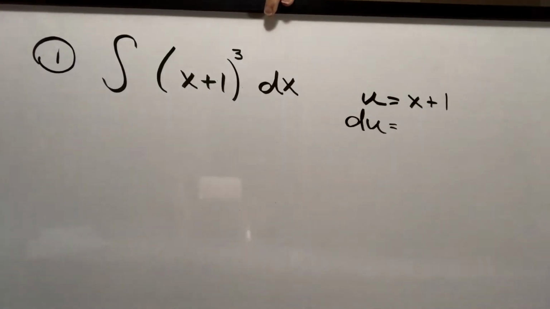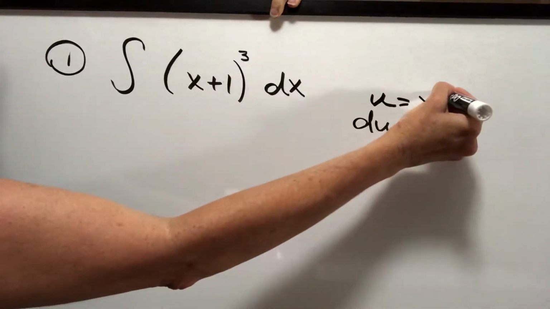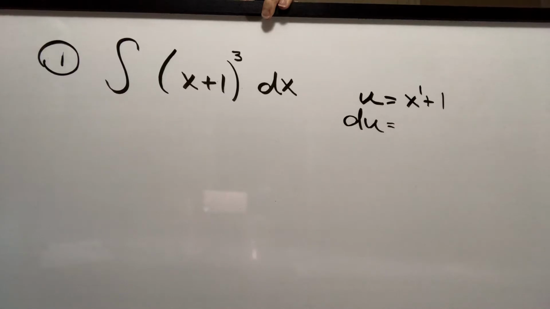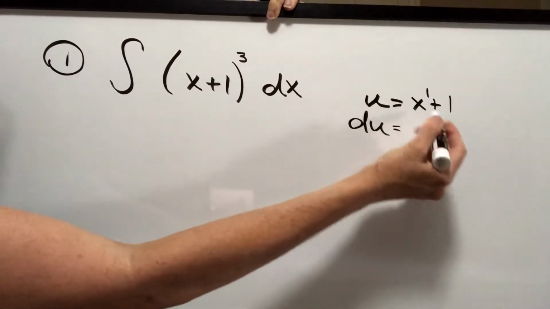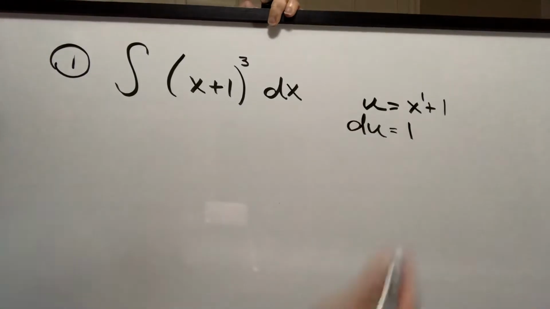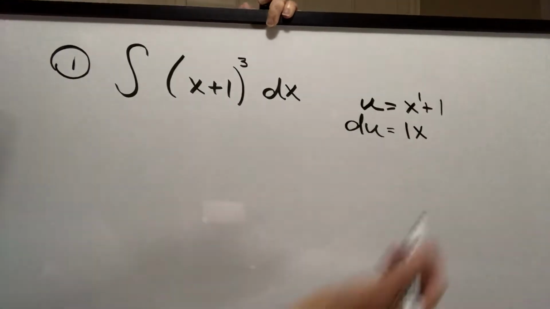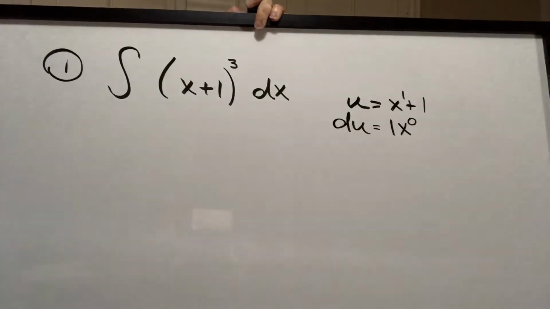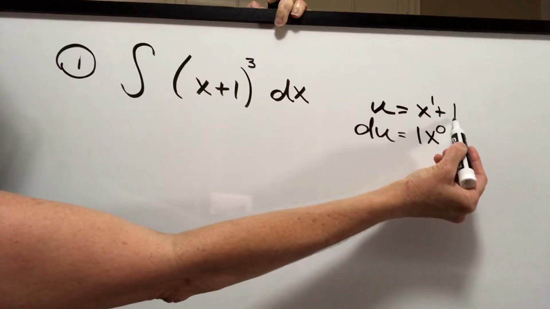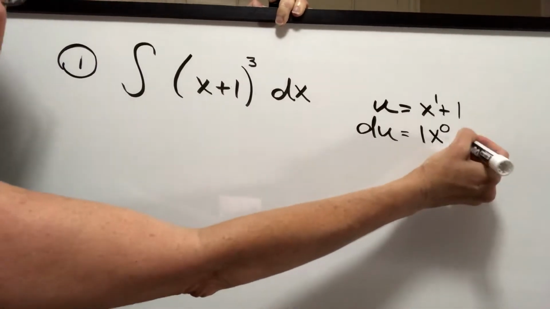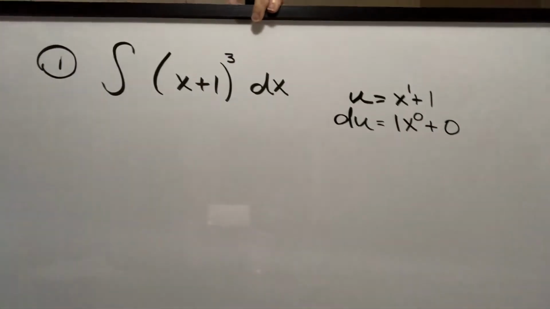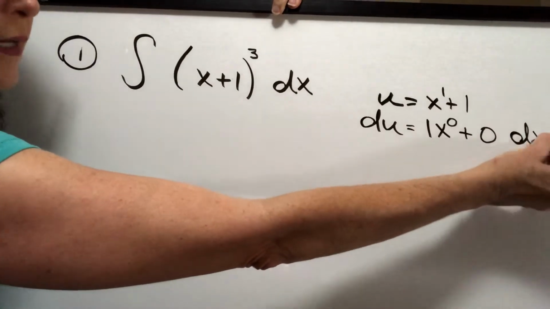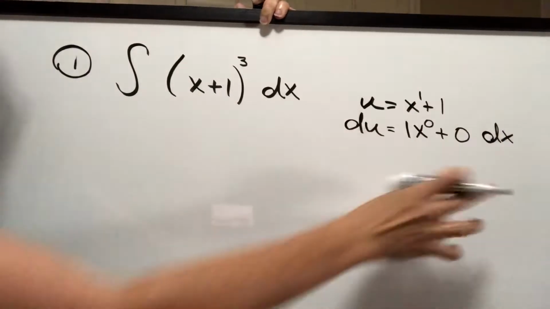The rule for derivatives was to take the power and multiply it to the front of the x, so that would be 1. Then you would have x to the, and subtract 1 from 1, so that would be 0. And then the derivative of a constant 1 is just 0. Those are rules that we studied earlier in the year. And you want to include dx with that, like derivative of u, derivative of x.